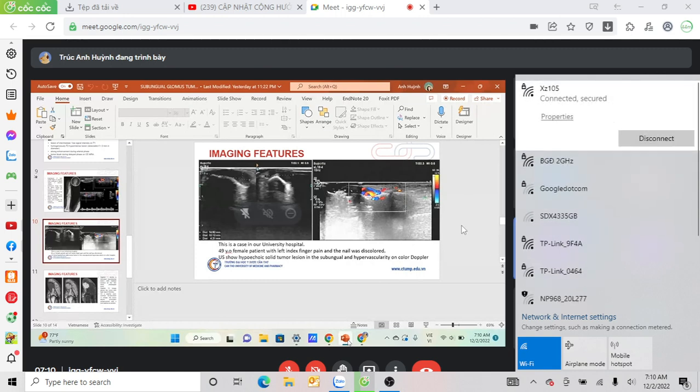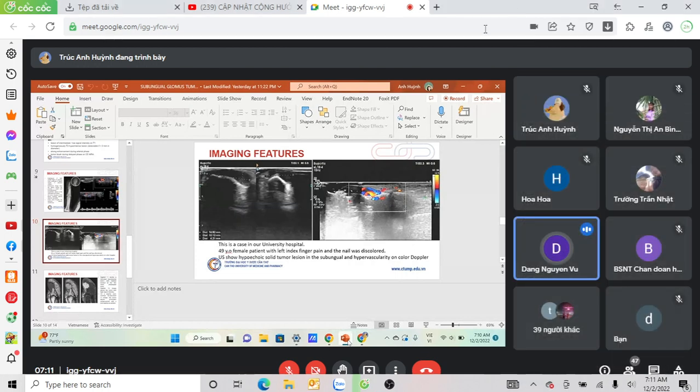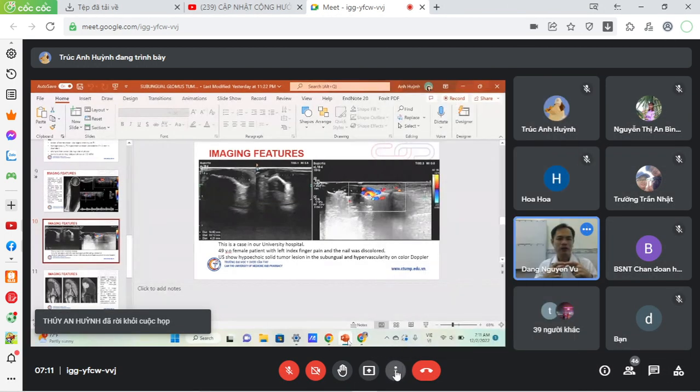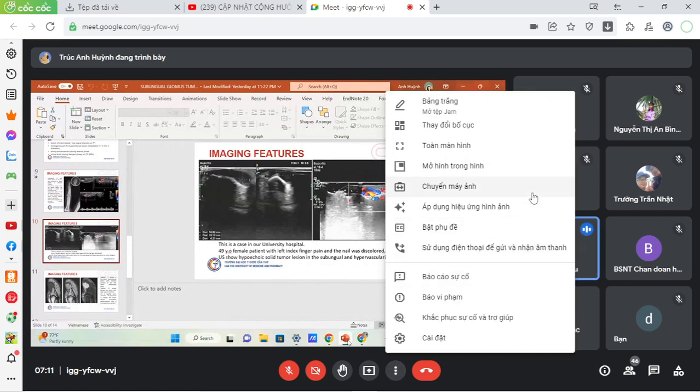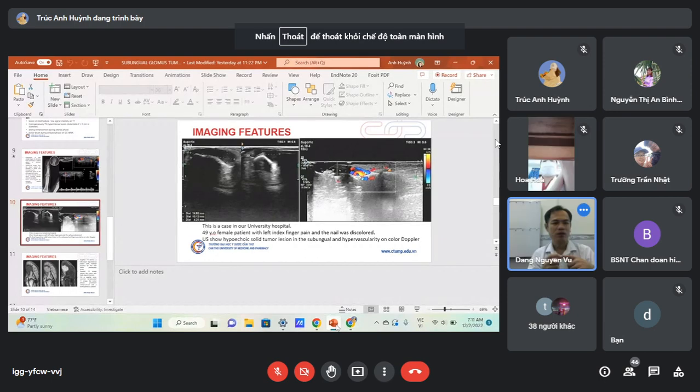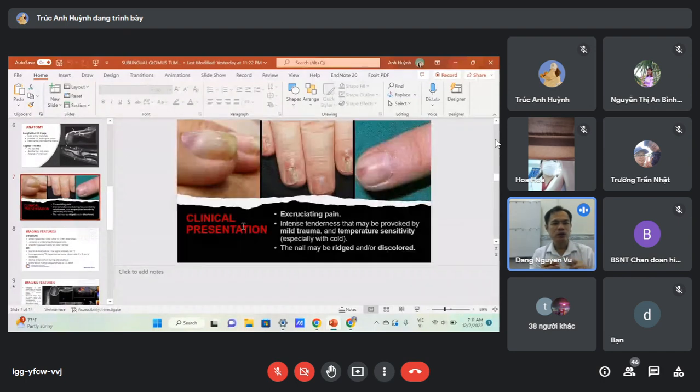The reason why the patient comes to us is that it is very painful and sensitive to temperature. In general, it is very painful, especially when you press, or when you put the finger into cold temperature, or sometimes hot temperature, it is a sensitive pain also, and also some discomfort.